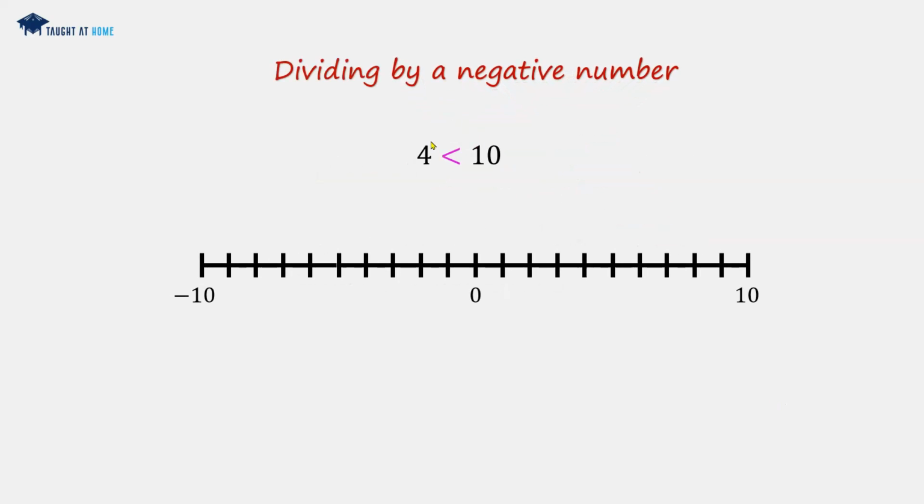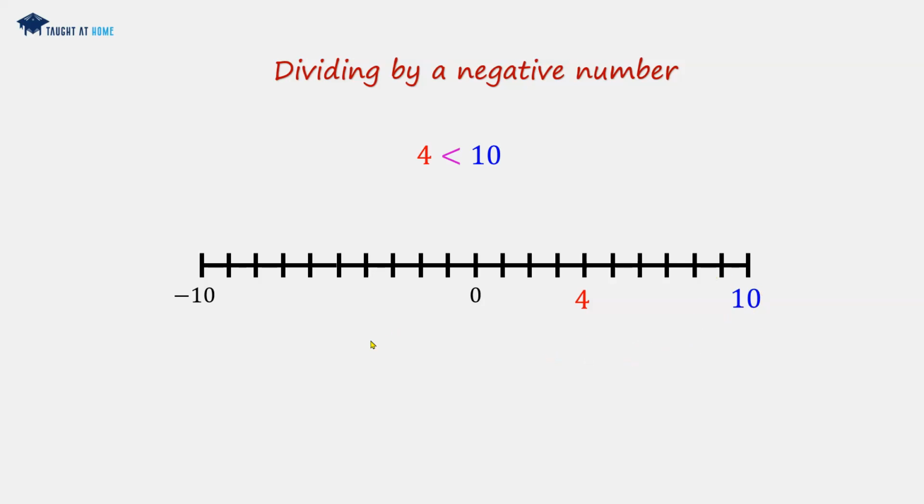We have 4 is less than 10, which we can clearly see from the number line. If we put 4 and 10 on the number line, we can clearly see that 4 is less than 10.